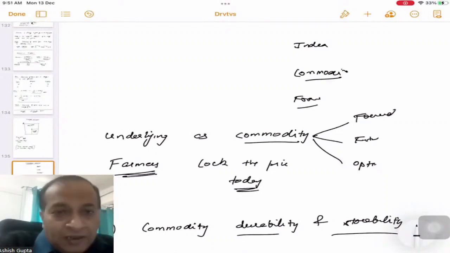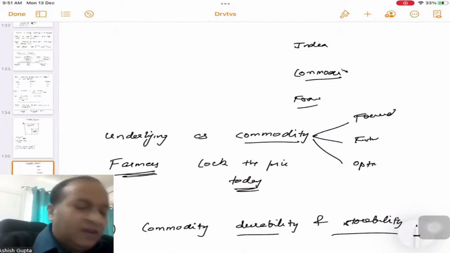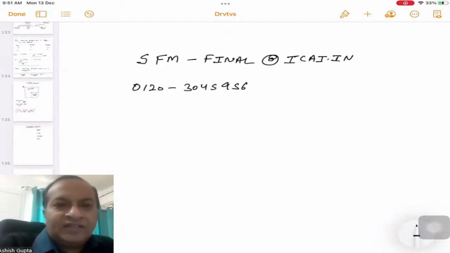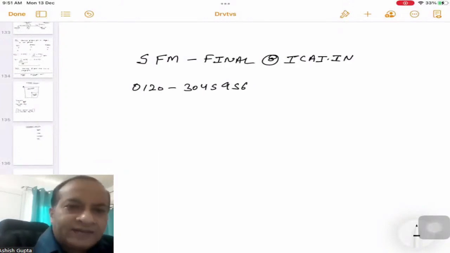Now, students, before we wind up this topic of derivatives, I would like to highlight two or three points. In these four to five sessions, you have understood the derivatives where the underlying was stock or index. But please remember, the same concept will be used in foreign exchange risk management.